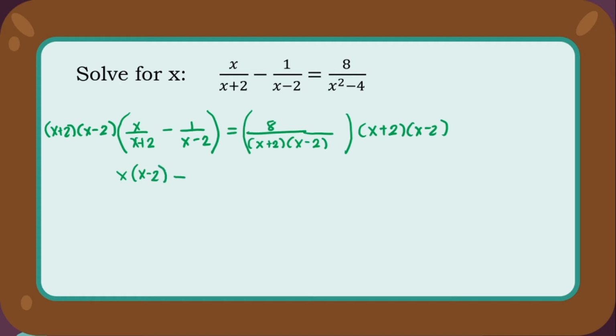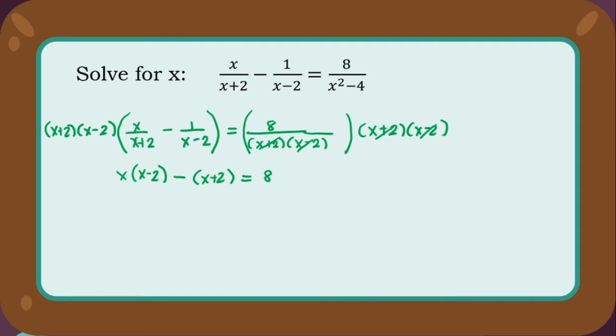Copy the sign. How about on the second term? If we multiply the LCD, makakross out si x minus 2. Anong matitira? Tama, si x plus 2. Equals, how about on this one? Ano ang makakross out? Very good. So, makakross out sila. Therefore, ang natira na lang ay 8.